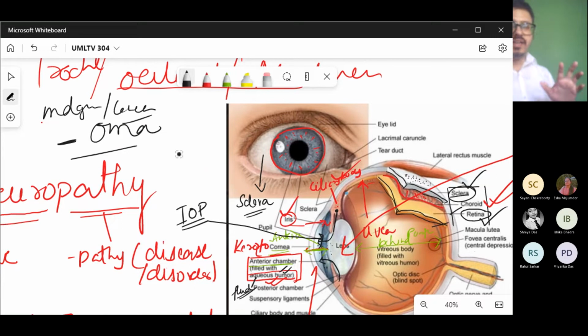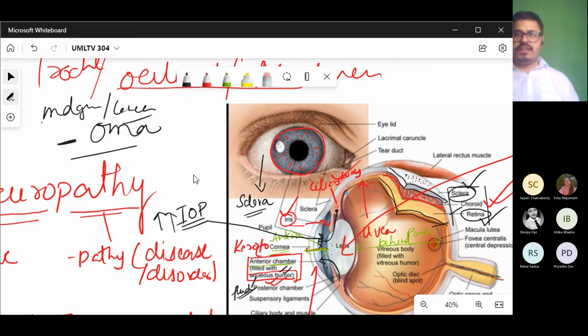Malignant in the sense that in the long run, it would create permanent blindness in the patient. Permanent means that the blindness cannot be recovered from anymore during the lifetime. But glaucoma is not a cancer. It is caused by raised IOP, that is intraocular pressure.